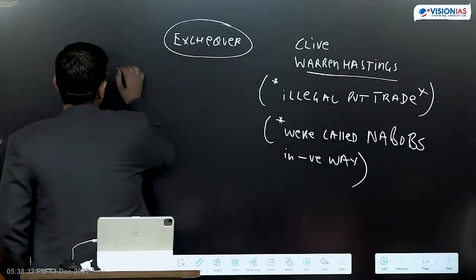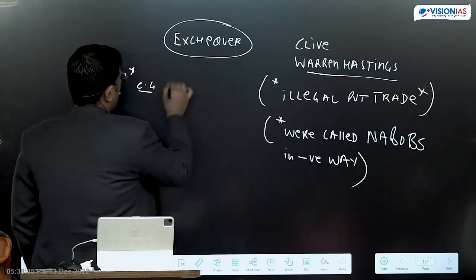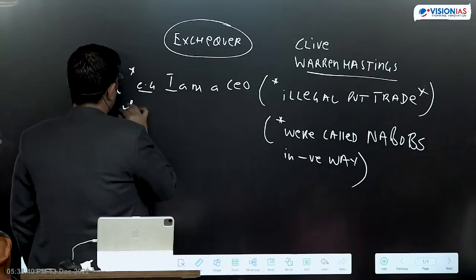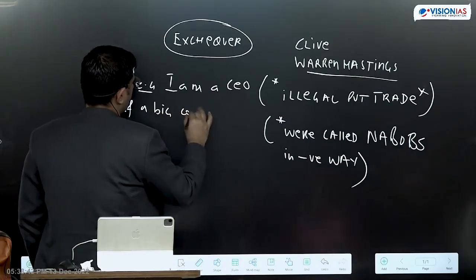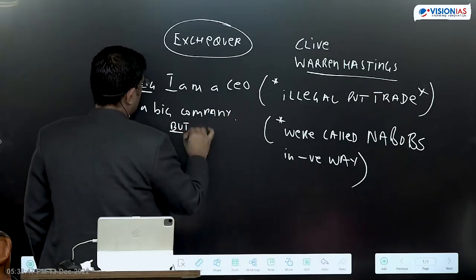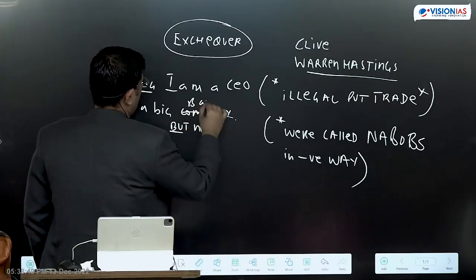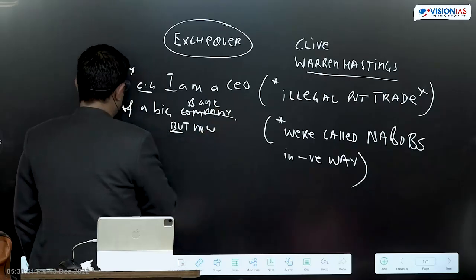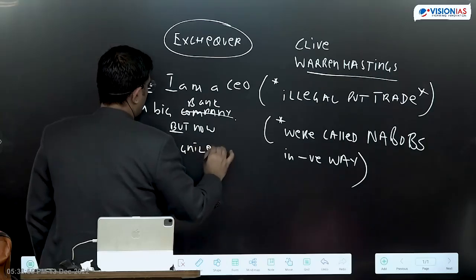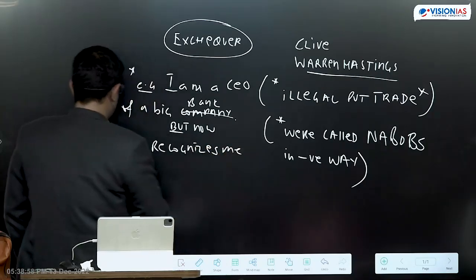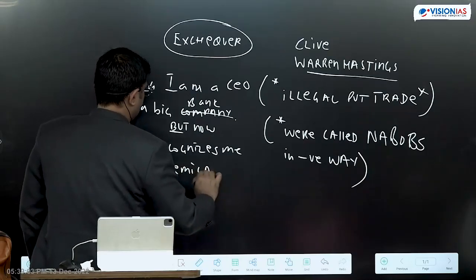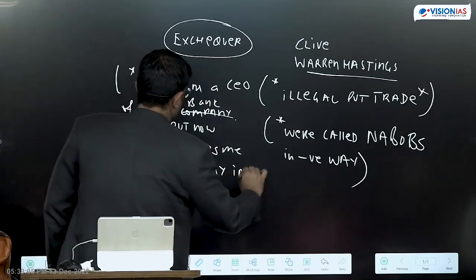Example: I am a CEO of a big company, write it down, a big bank. But now RBI recognizes me as a systemically important bank.